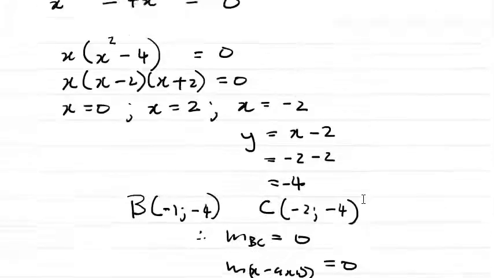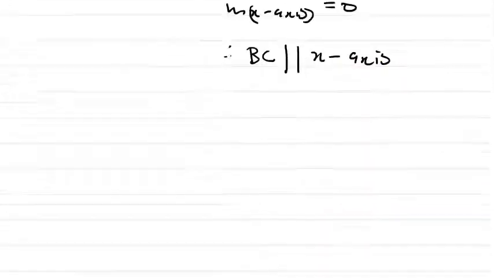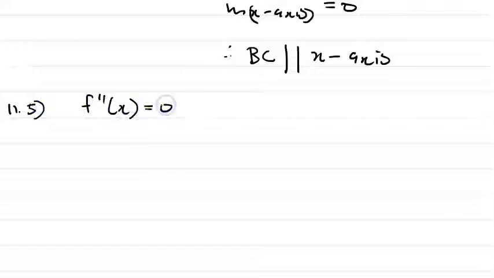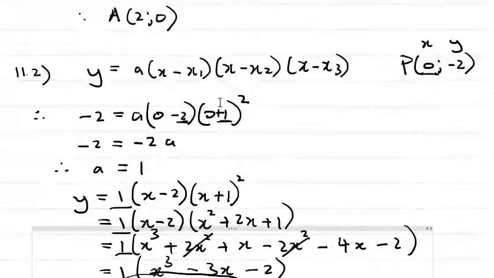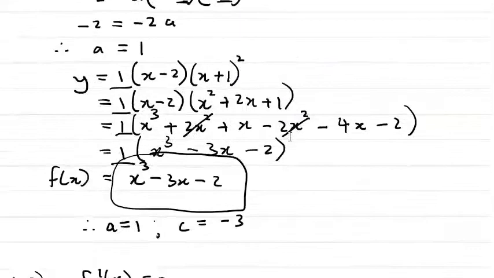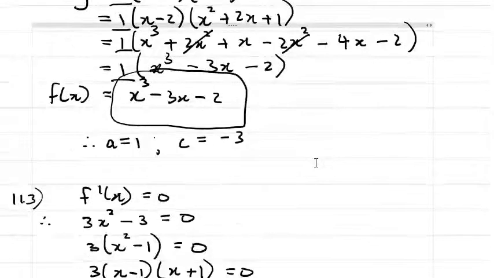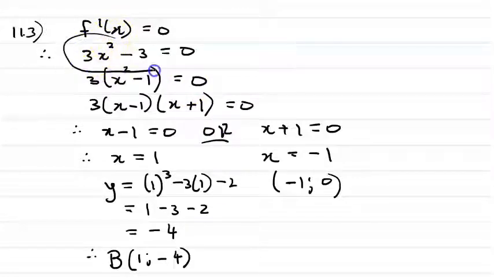So for 11.5, let's have a look at that. The second derivative, and we need to equate that to 0. If you look very carefully, we have already found the first derivative, which is 3x squared minus 3.